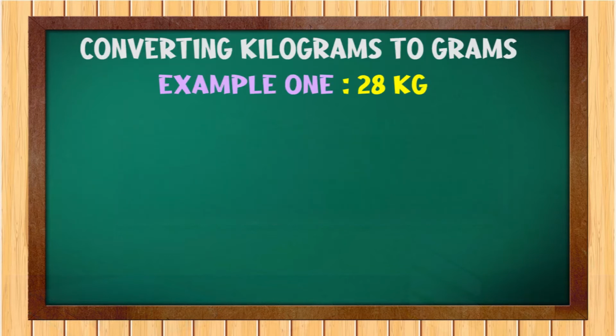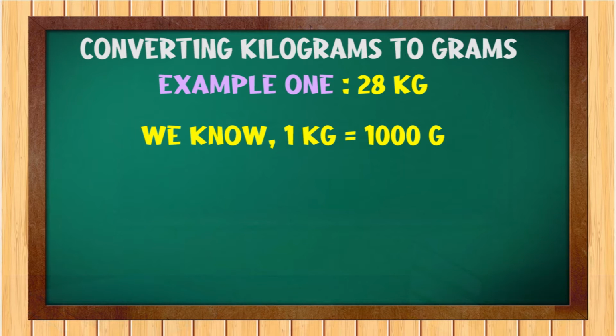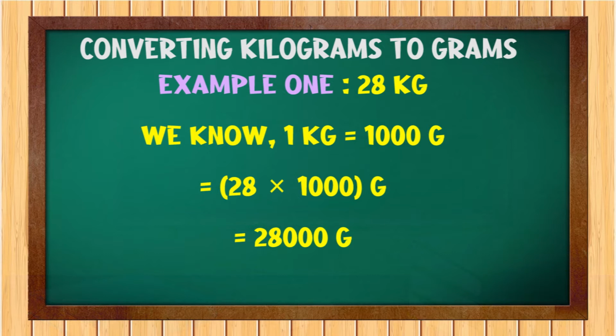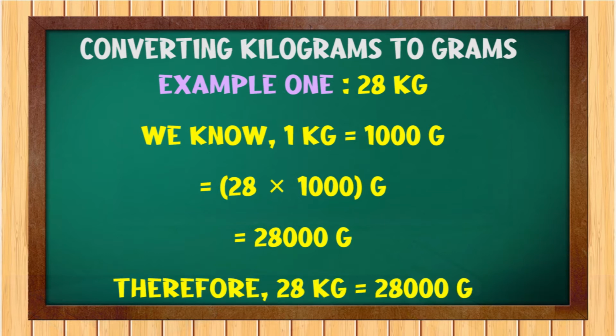For example, if we were asked to convert 28 kilograms into grams, we must first know that 1 kilogram is equivalent to 1,000 grams. Therefore, we multiply 28 by 1,000. That would give us 28,000 grams. So, 28 kilograms is equivalent to 28,000 grams.